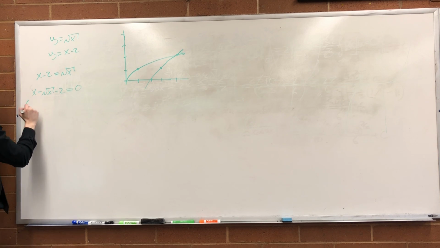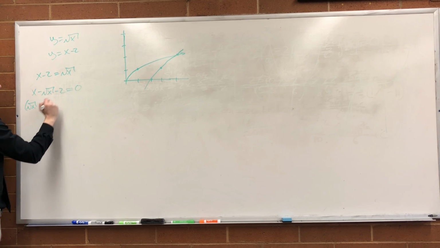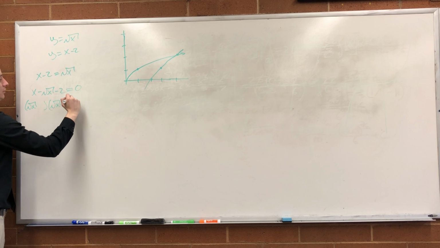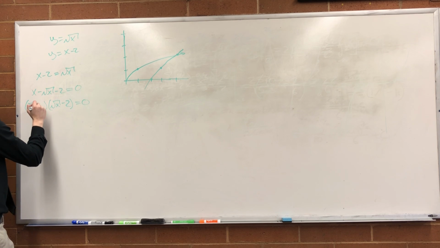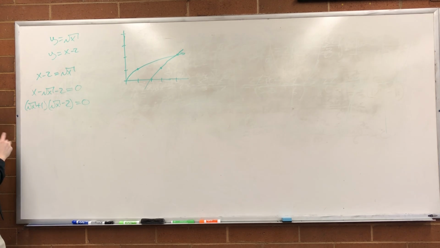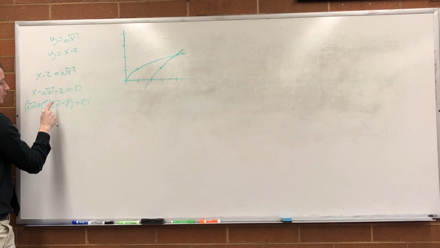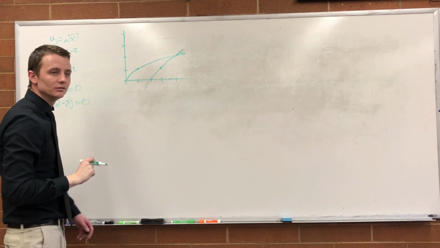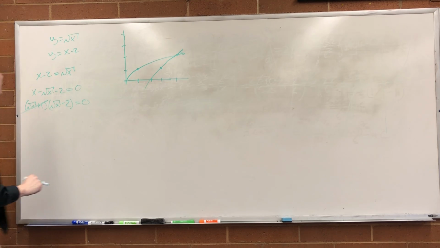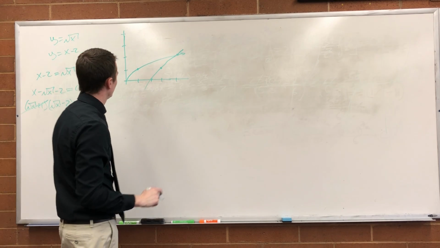Let's factor this: (square root of x minus 2)(square root of x plus 1) equals 0. So it's where the square root of x is equal to -1, that never happens, or where the square root of x is equal to 2, or in other words, x is equal to 4. So you can check it either way.